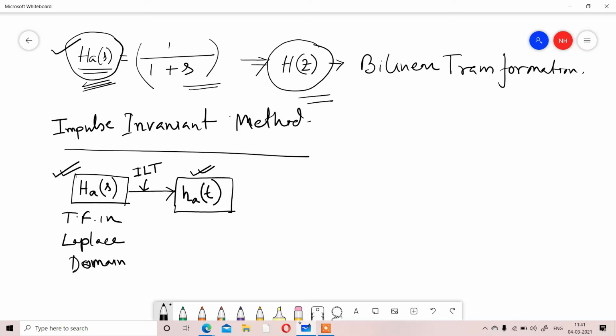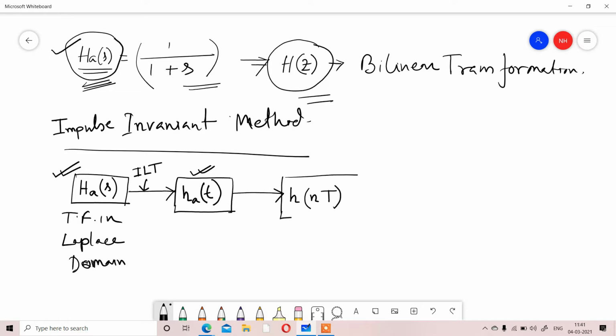Now whenever you have got that value, then you have to convert h_a(t) into h(nT).